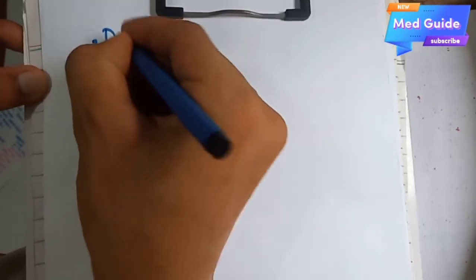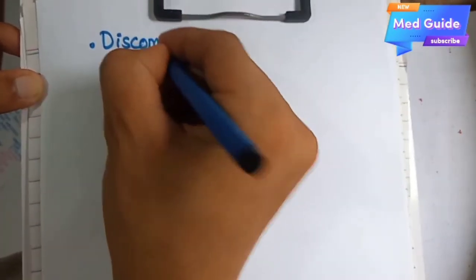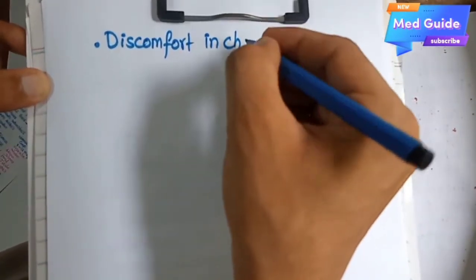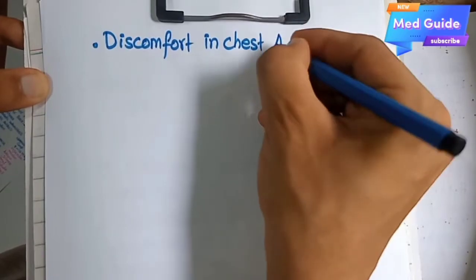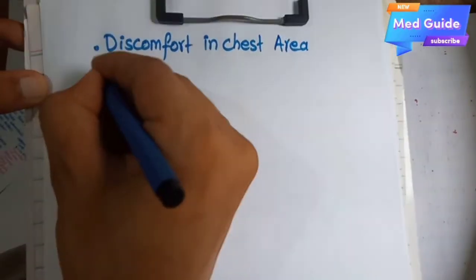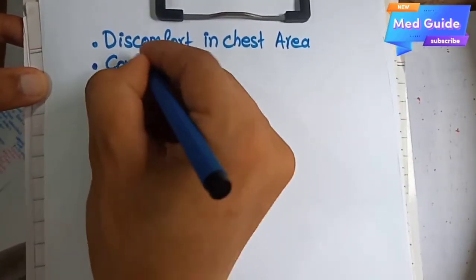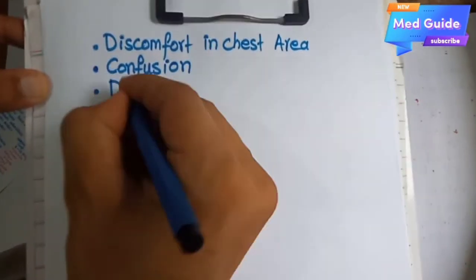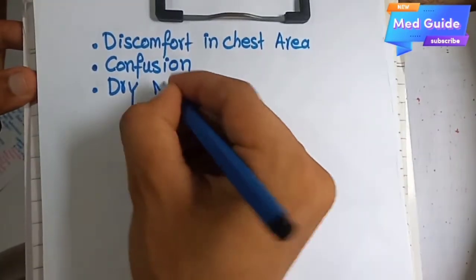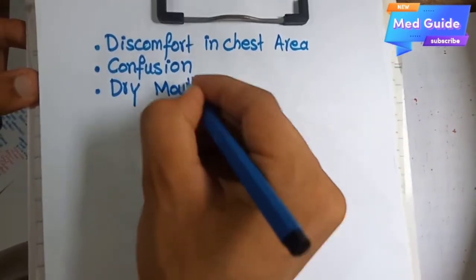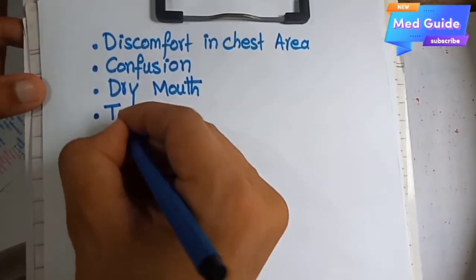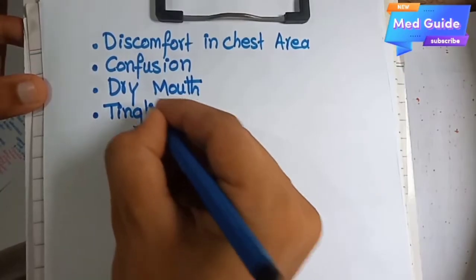Then the next one is discomfort in the chest area, then confusion, and dry mouth, and tingling in the arms.